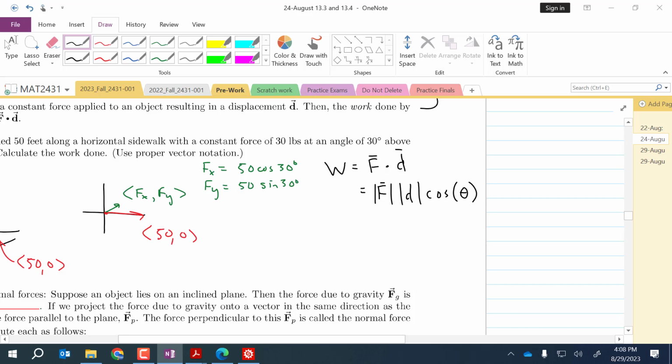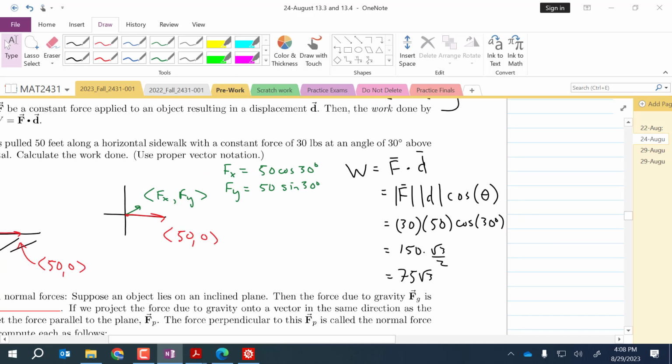Right? That's just the geometric definition. So here we go, we would have 30 times 50 times the cosine of 30 degrees, which is equal to 150 times the square root of 3 over 2, or 75 square root of 3, and our units on work.